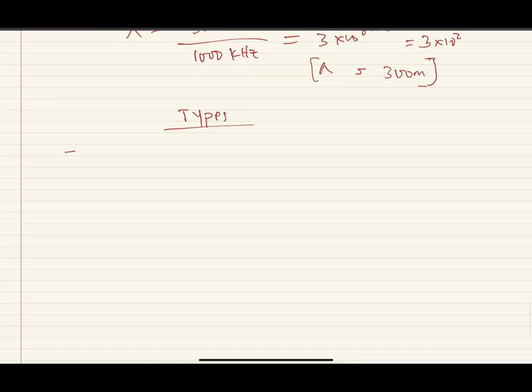So if you are changing the amplitude of the carrier signal, we call it AM, which is amplitude modulation. When you are changing the frequency of the carrier signal with respect to the instantaneous change of the message signal, we call it FM, which is frequency modulation.